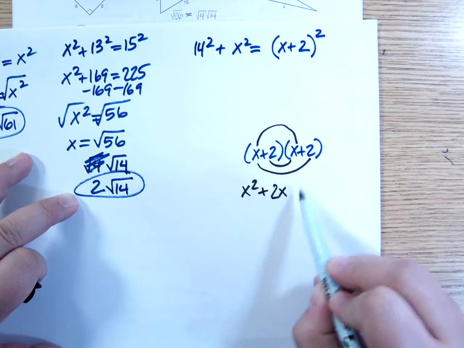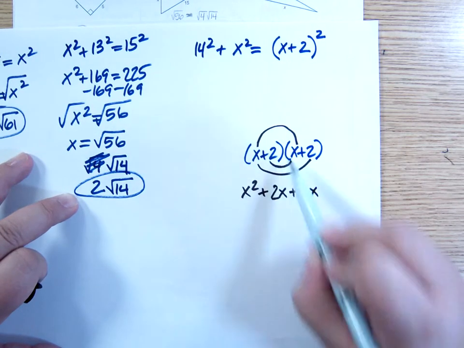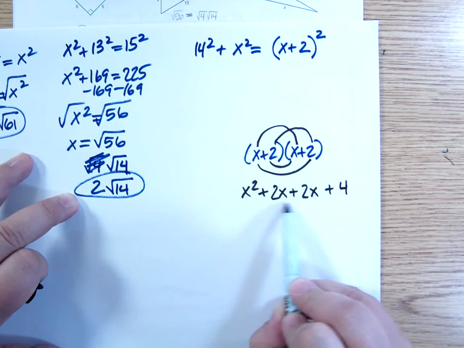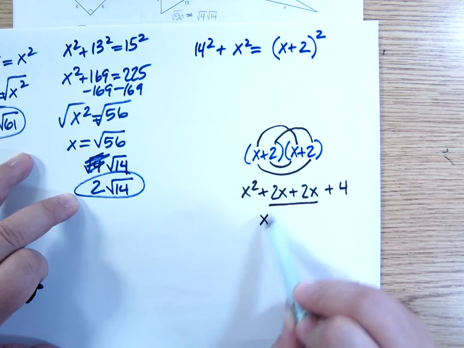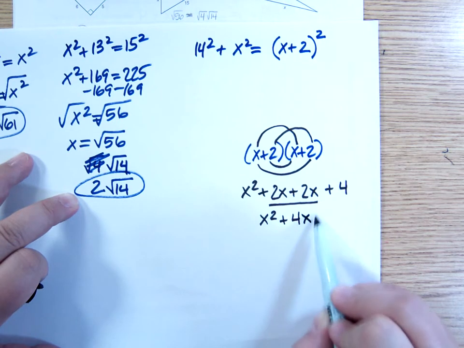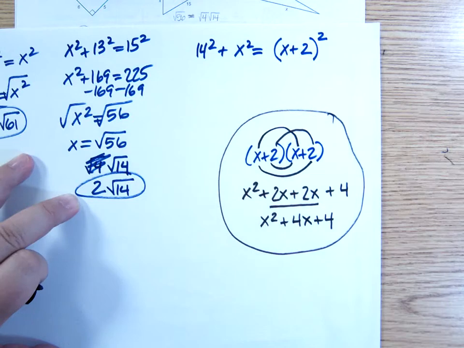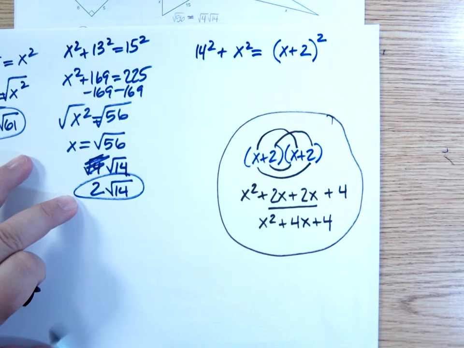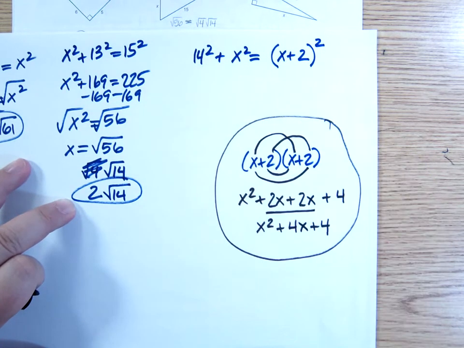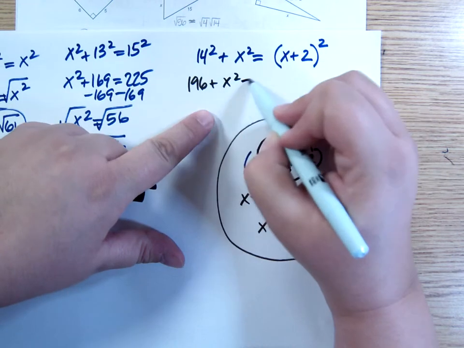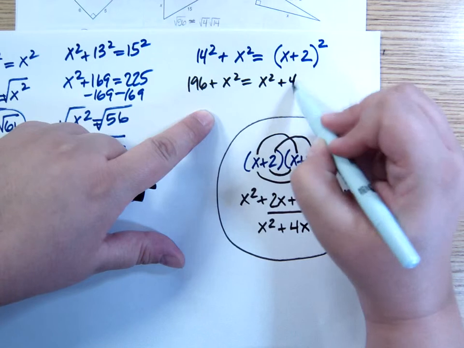Inner, 2 times x is 2x. And last, 2 times 2 is 4. These two are like terms. I can simplify this and write x squared plus 4x plus 4. So that's what I get when I square that binomial. So that's what I'm going to get on the right-hand side. So I get 196 plus x squared equals x squared plus 4x plus 4.